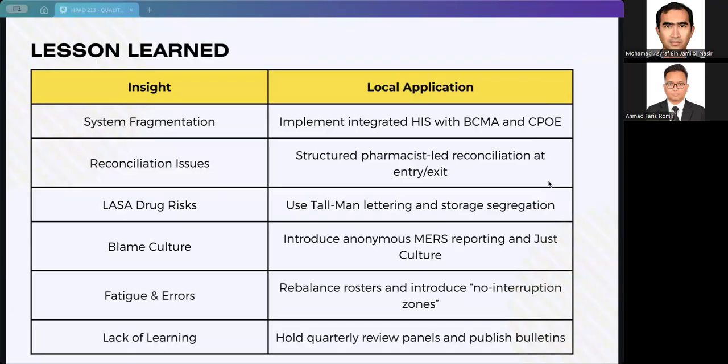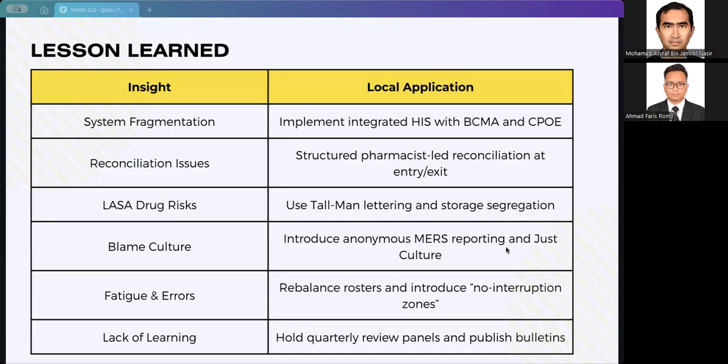By utilizing tall man lettering, as mentioned earlier, and segregated storage, we can minimize confusion and enhance safety in our medication practices. And also, in regards to reconciliation issues, there will be a structured pharmacy-led reconciliation at entry and exit, over the discharge and also the admission.